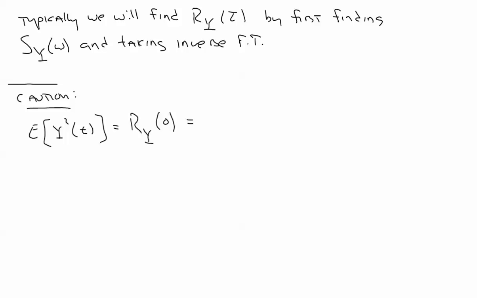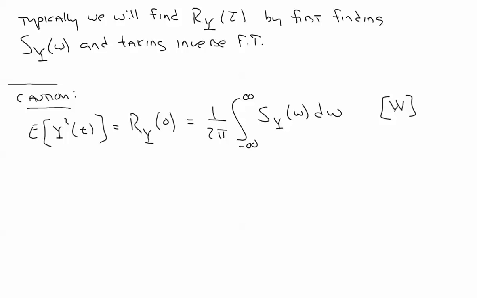And this can be written as the integral of my power spectral density. Okay? This is normalized power. It's the power dissipated by a 1 ohm resistor.